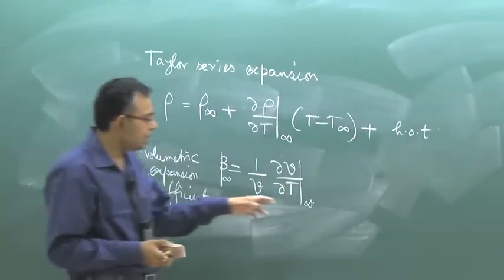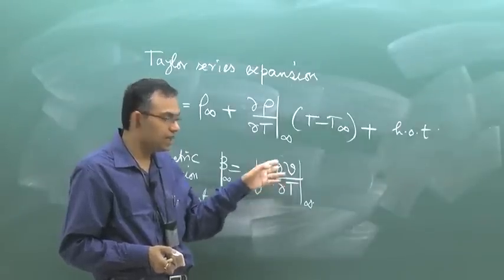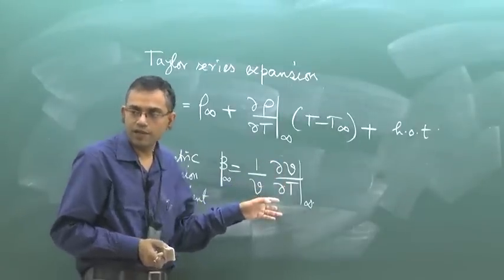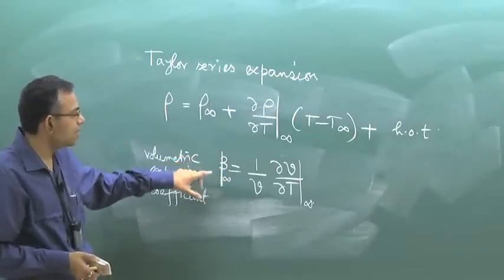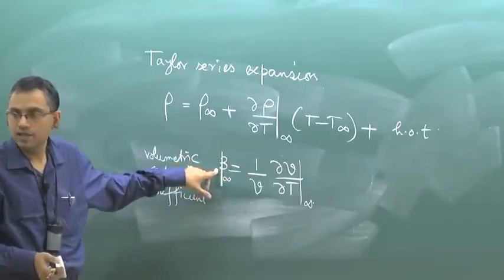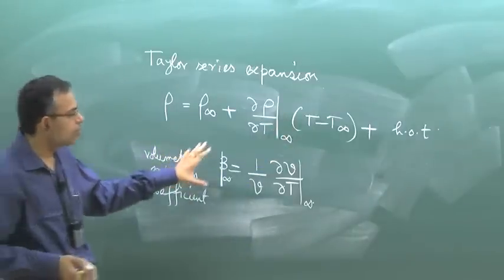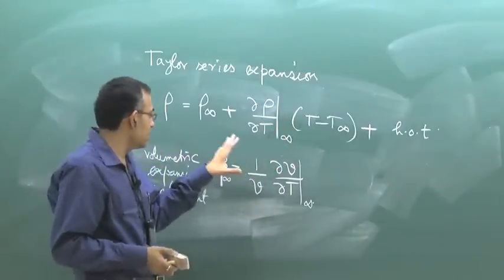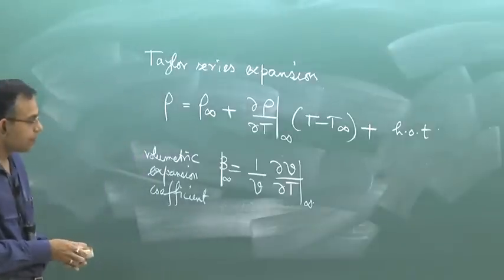Typically, when you consider the partial derivative, some other variables are kept constant, depending on which you could have beta p, beta s for various thermodynamic processes, but we are generally calling it the volumetric expansion coefficient without getting into those details.